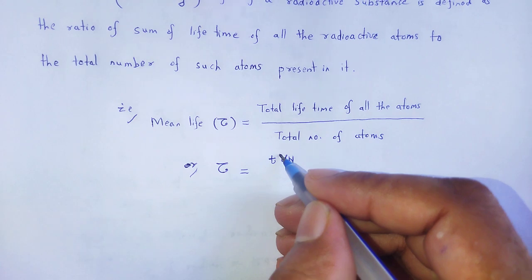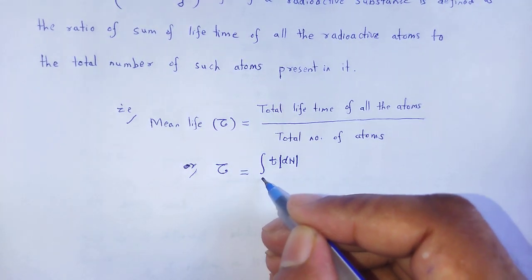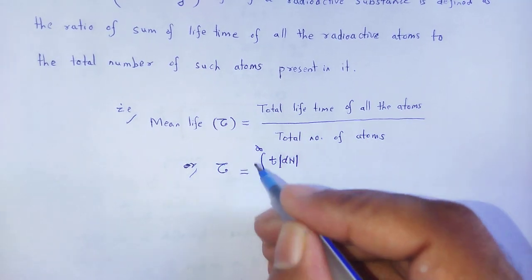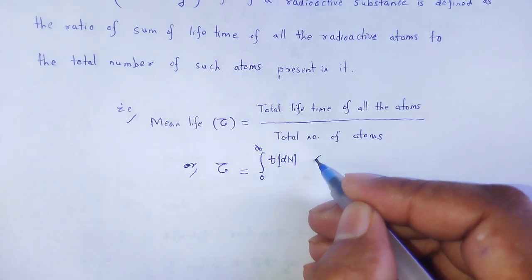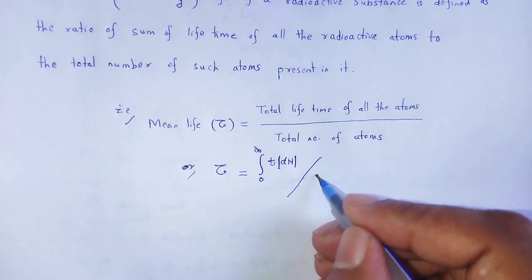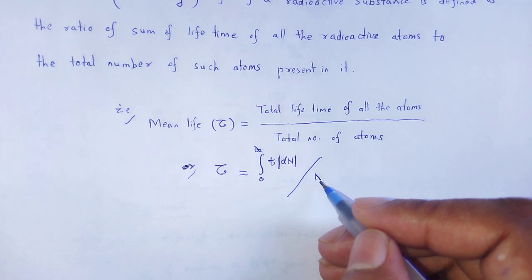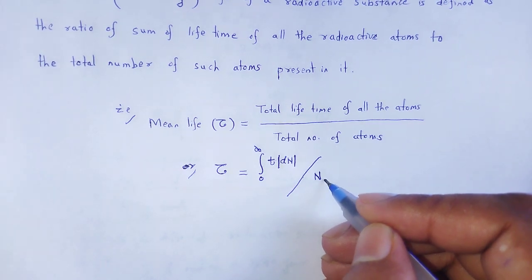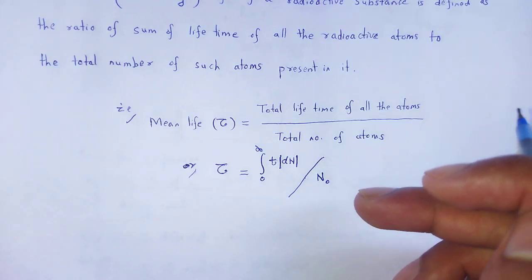In that situation, we choose the magnitude of dn and integrate it from the limit 0 to infinity, divided by the total number of atoms. Here n naught is the total number of atoms present initially.